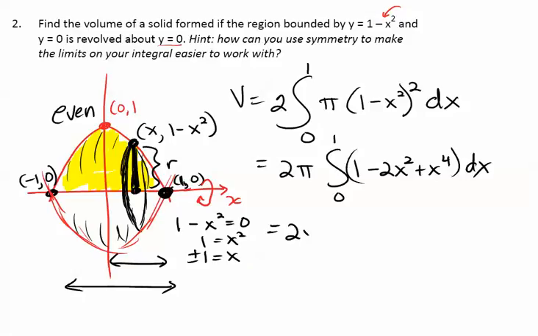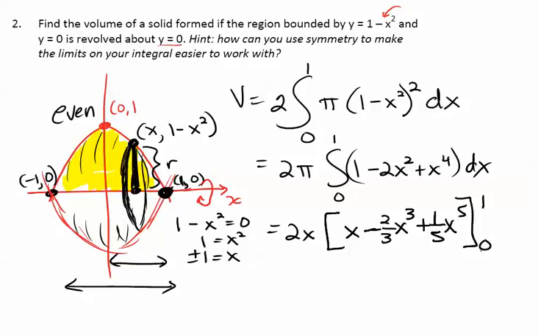And then integrate. So this will be a 1x, and raise this exponent to a 3 and multiply by 1/3. Raise this exponent to a 5 and divide by it or multiply by 1/5.